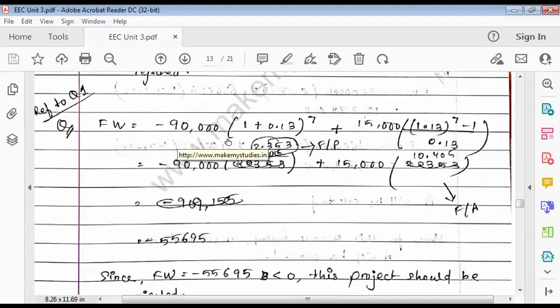Just a piece of suggestion, those who would be doing this, please try it for yourself. Just solve it on your own, then you'll get some confidence. If you only read it like stories, you may not be able to do so.